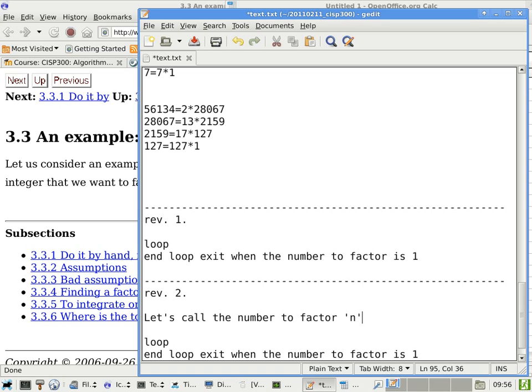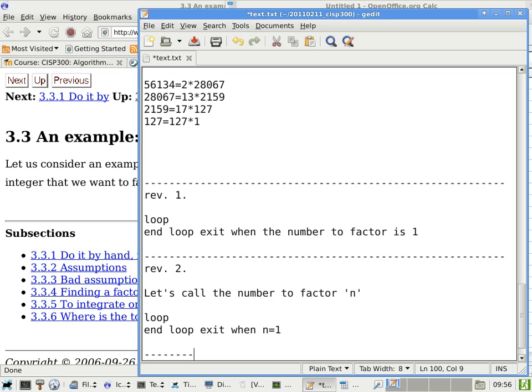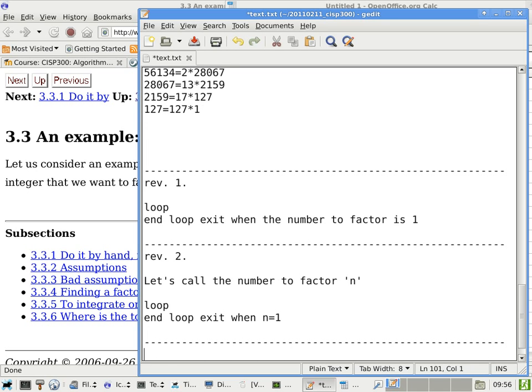Okay, in other words, from now on, I refer to the variable n as the number that I'm factoring. Well, immediately I can use it, right? Because I can just say when n equals 1. Okay, I'll call this another revision. So each time I'm only doing a tiny little bit of refinement, not a whole lot.